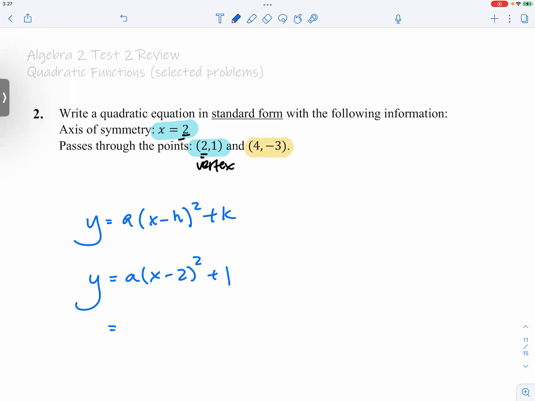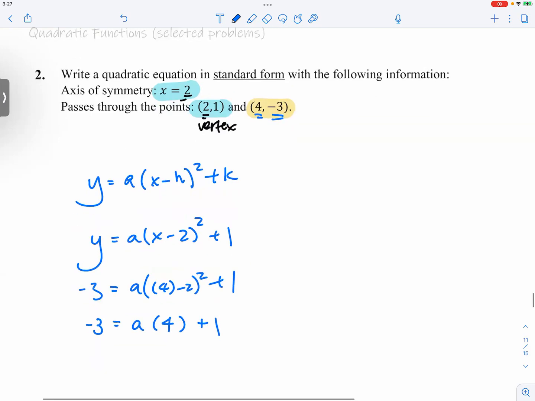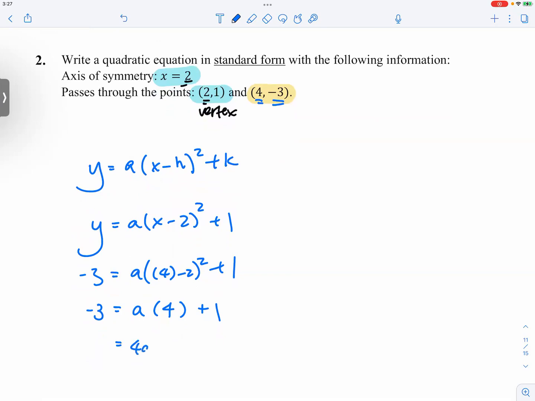So what we do is put the 4 into x and the -3 into y. So -3 is equal to a times (4 minus 2) squared plus 1. 4 minus 2 is 2, and 2 squared is 4, so you have 4a plus 1 is equal to -3.